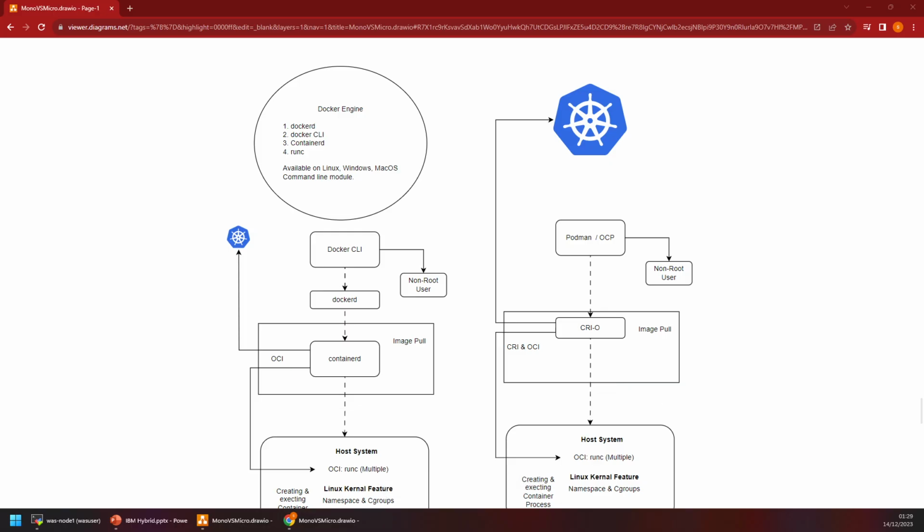Well, when we talk about Containerd's advantages, Containerd is an industry standard container runtime that is widely adopted and supported. It is also used as the core runtime in various container platforms and orchestrators, including Docker, Kubernetes via CRI, and others.